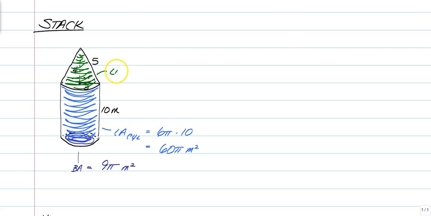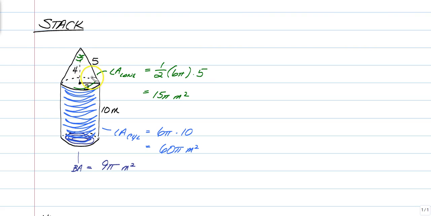Remember, the lateral area of a cone is half of your circumference, which we have already established is 6 pi, times the slanted height, which is 5. And that would give us 15 pi meters squared. So what we just did there was paint the entire exterior of this stack figure.